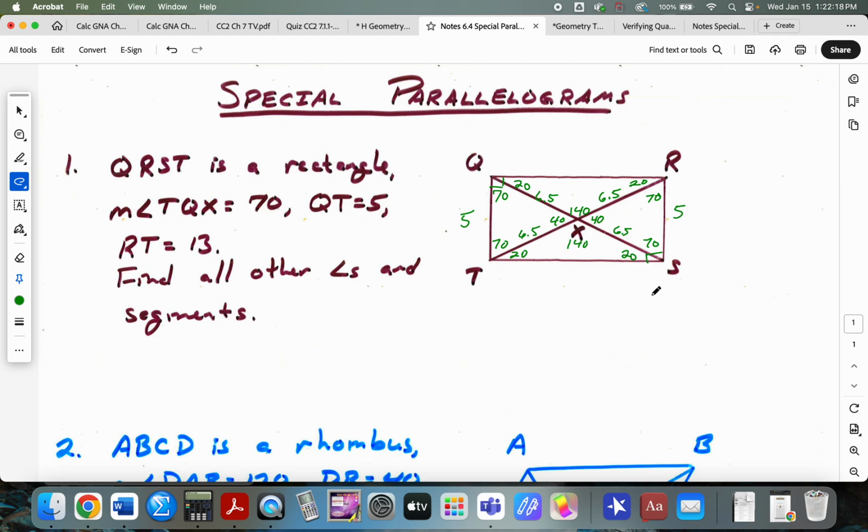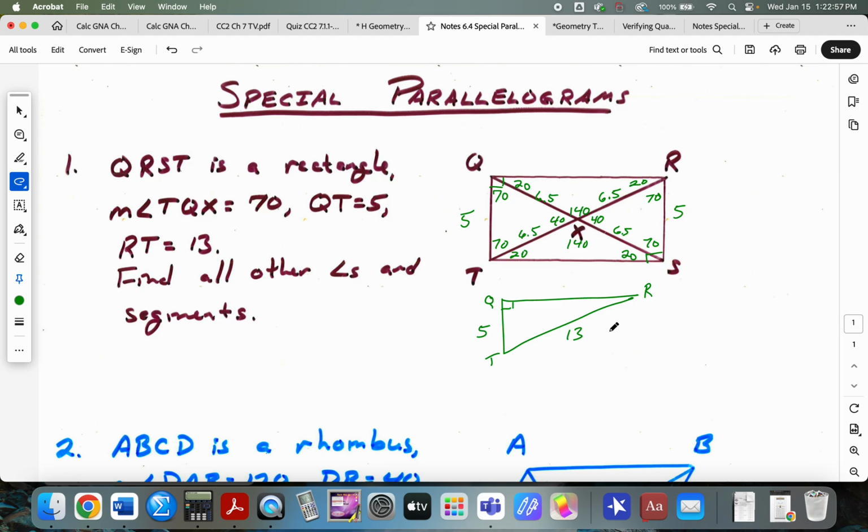All I have left to do is find QR and TS, and both of those are part of a right triangle. It can get a little overwhelming when you're looking at these, so sometimes it's not a bad idea to just draw this triangle. I know this side is 5, and I know all of TR is 13. Hopefully that looks familiar to you.